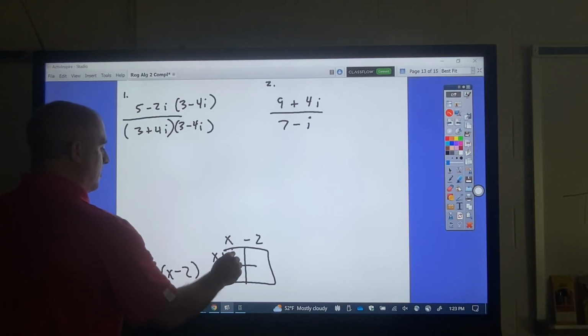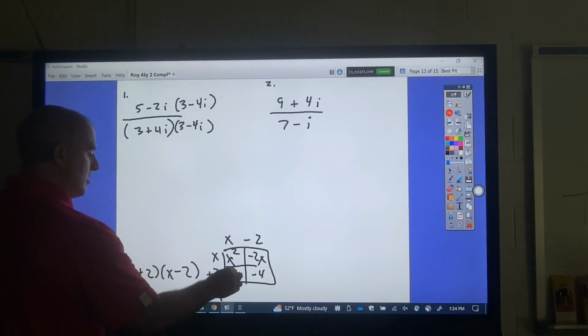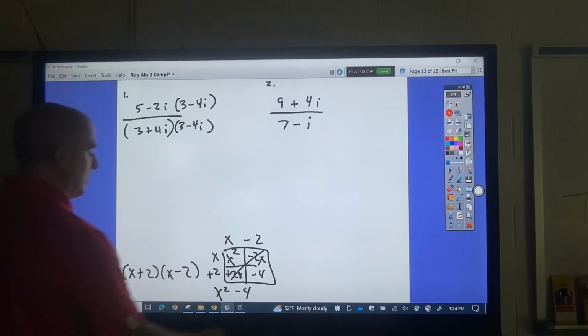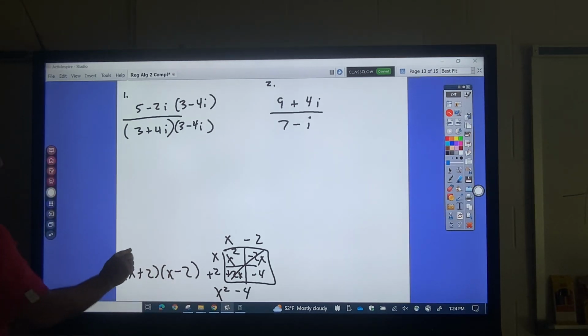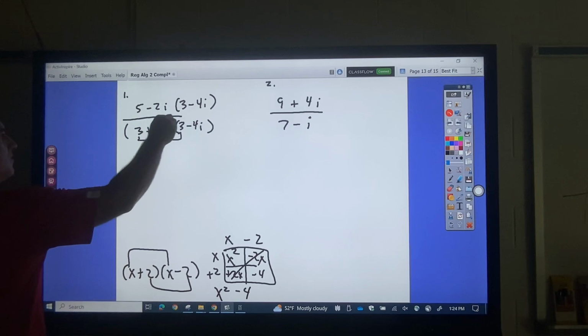This would be x squared, this would be negative 2x, this would be positive 2x, this would be negative 4. This would be x squared. Now, these basically go away because that's 0, minus 4. So what you do when you have conjugates is basically all you got to do is multiply the first and the last. So watch, that's all I have to do, first times last.